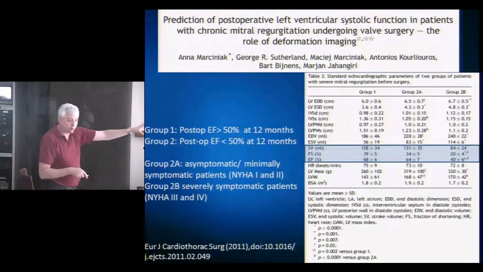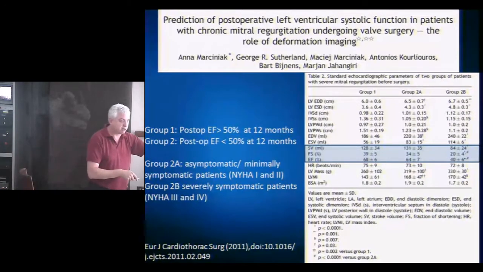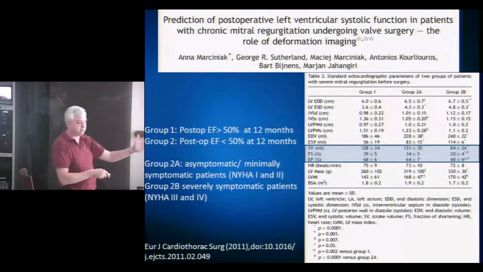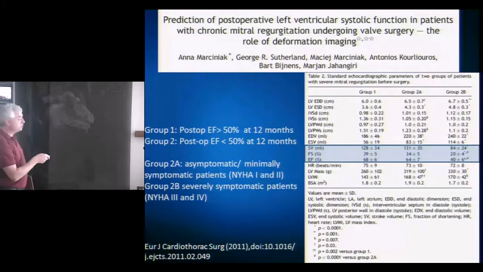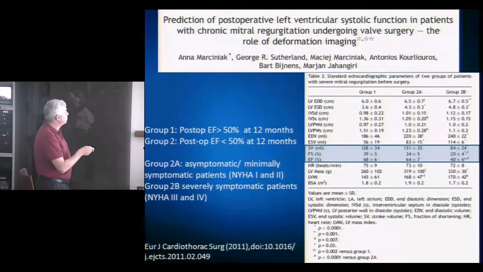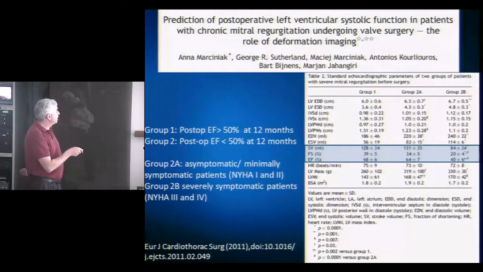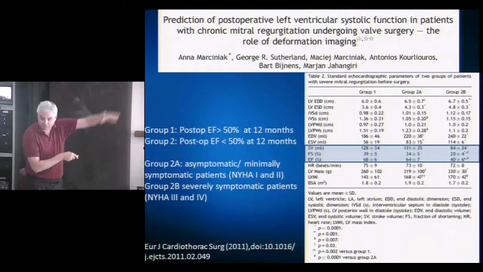Those are the group you don't want after AVR to have a decreased ejection fraction. Those are patients you come to too late. But they divided this group into two. One is 2A, which were asymptomatic or minimally symptomatic patients, New York Heart Association 1 and 2. And group 2B are severely symptomatic patients that initially had a good ejection fraction and deteriorated after surgery.